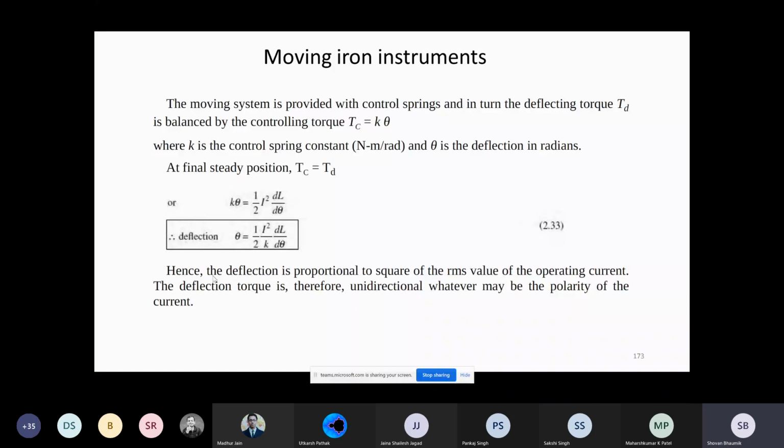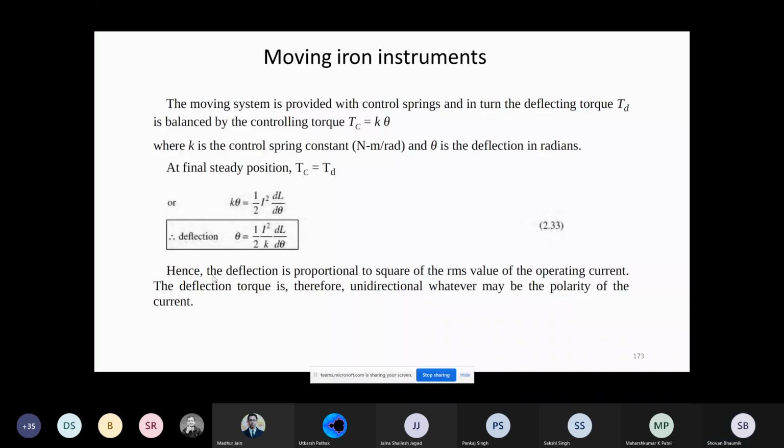Both are balanced, and from here theta equals half i squared by k times dL/d theta. Half is a constant, and k is the spring constant, so these are constants. i is not constant, so the deflection is proportional to i squared dL/d theta.